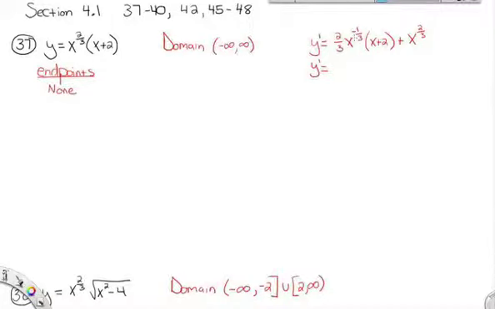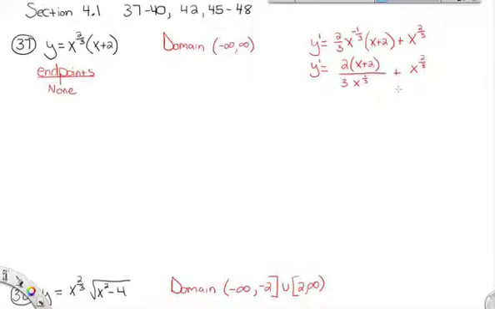This drops to the bottom, and so it looks like I have in the numerator 2 times x plus 2 over 3 times x to the 1/3 plus x to the 2/3.